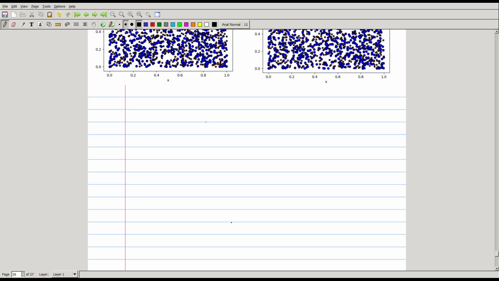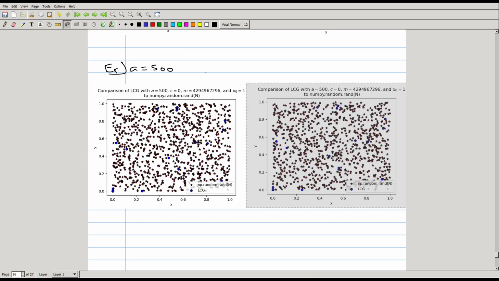If we consider a equals 500, things are not going to go as well as we would hope. And this is demonstrated by the following two plots, which are two separate runs, and you see very clearly that you're not getting a good result at all because you're not getting a randomly distributed sequence of blue dots.